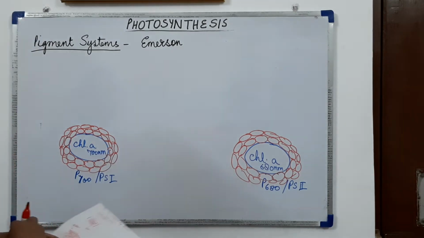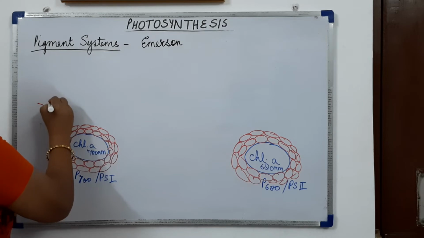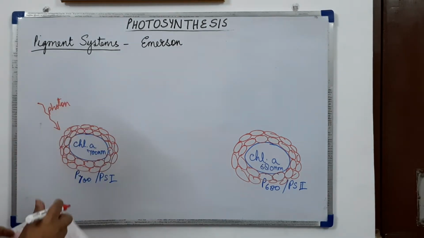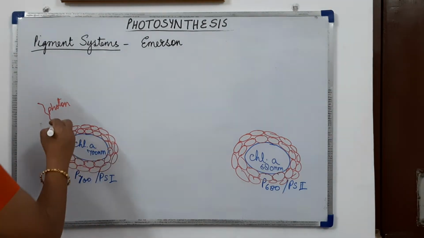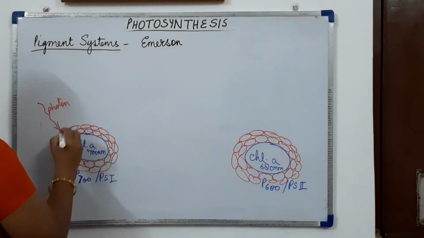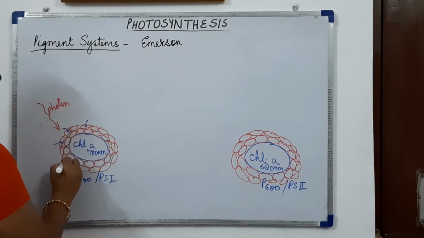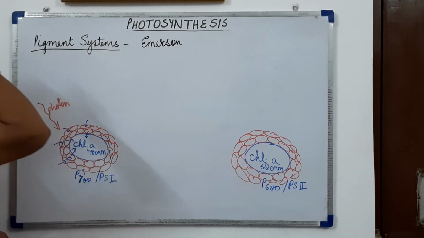Now suppose the sunlight falls on it, that is the photons are falling on it, it will be absorbed by the pigments here. They are absorbing the sunlight. All these pigments will be absorbing the sunlight. They will be transferring it to the chlorophyll A molecule.